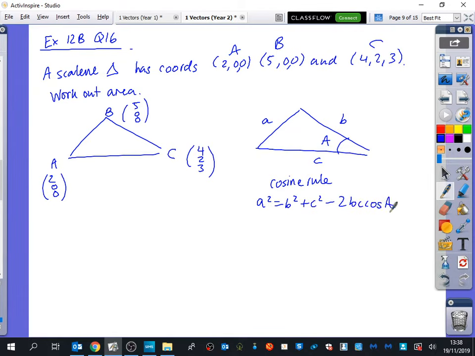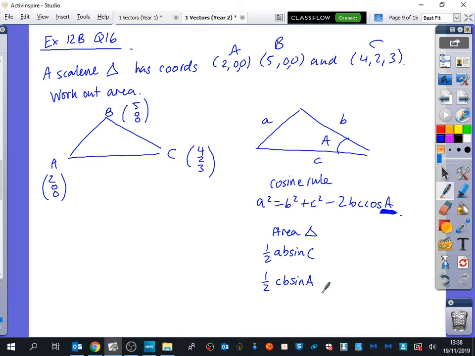So we could do that to find out what A is, and after you've used the cosine rule, what could you then do? Good, you could then use the area of a triangle rule, a half ab sine C. However, it wouldn't be a half ab sine C, it would be a half cb sine A.